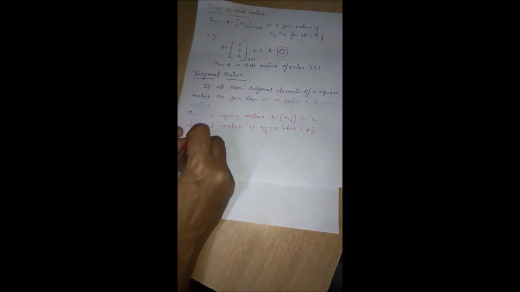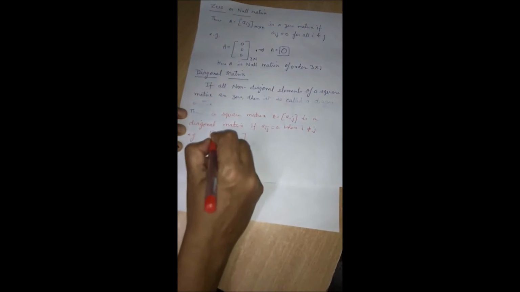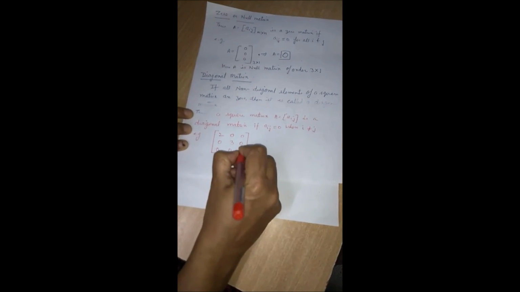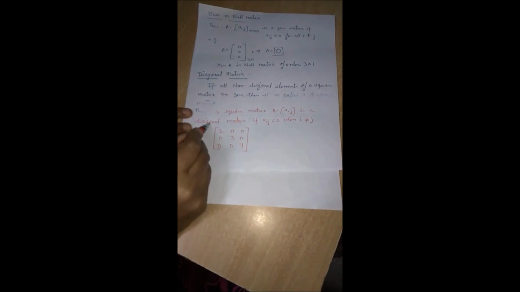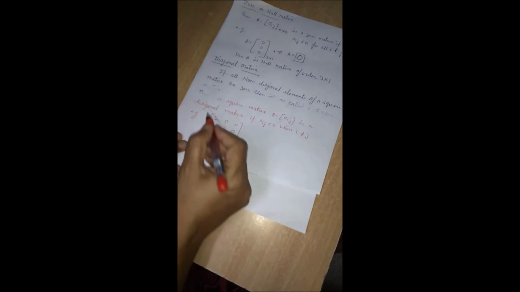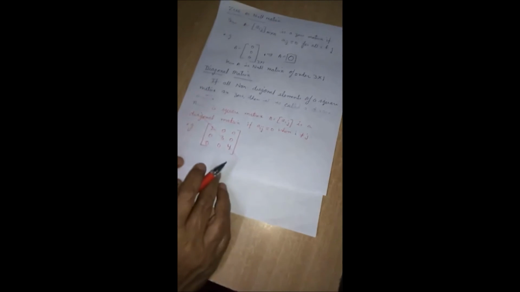For example, 2 0 0, 0 3 0, 0 0 4. This type of matrix is called a diagonal matrix.